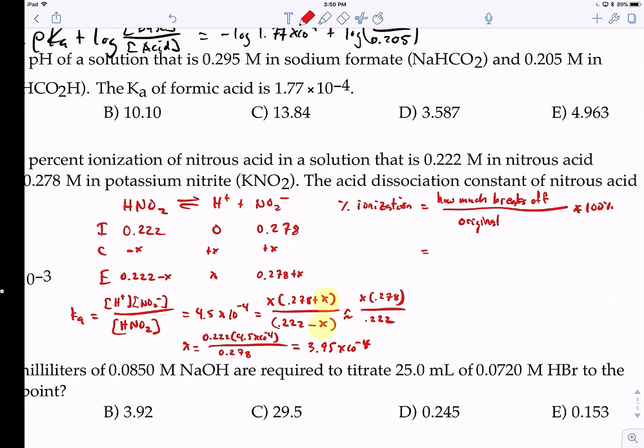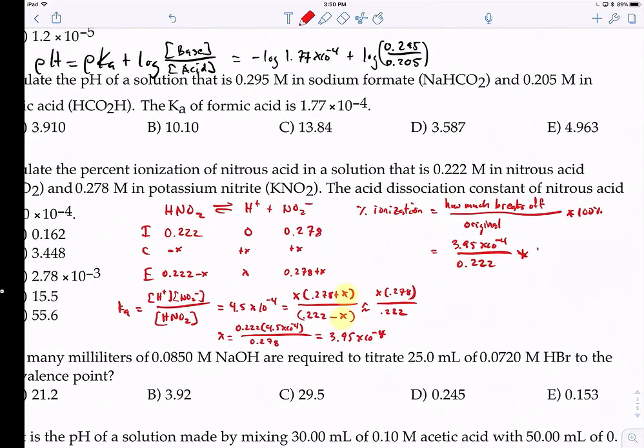So which equals 3.95 times 10 to the minus 4 over the original, which is 0.222, times 100%. So this one divided by 0.222 times 100 equals 0.162%.